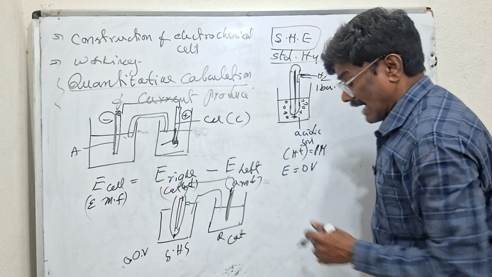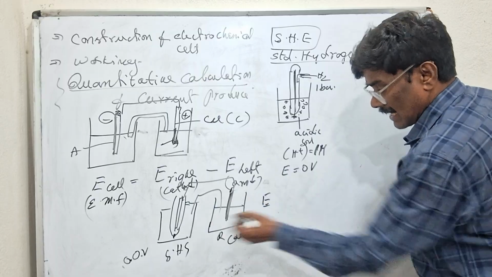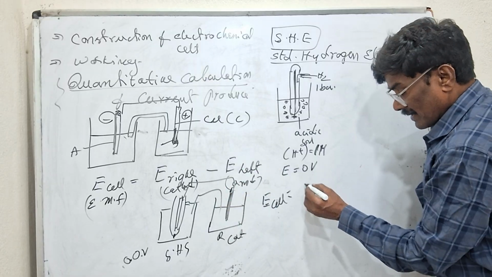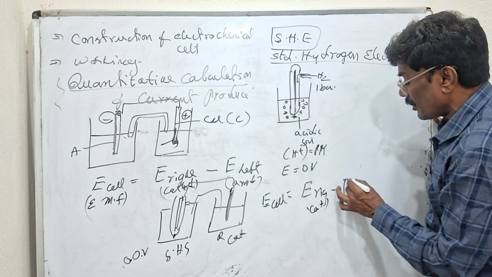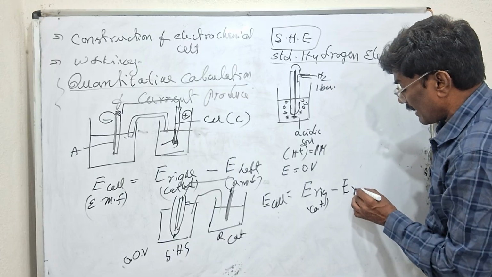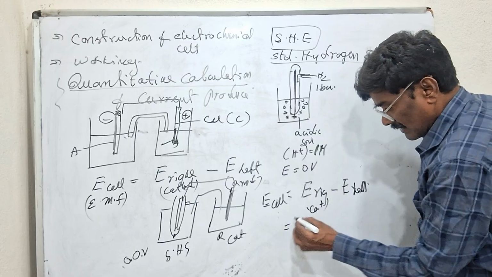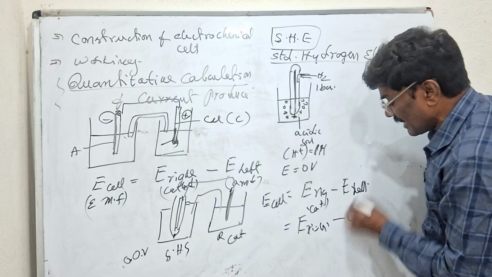That means the potential value is 0 volts. Therefore, what is the formula? E of the cell is equal to E of the right, right means cathode, minus E of the left. So we get some value for E of the right, but minus 0.